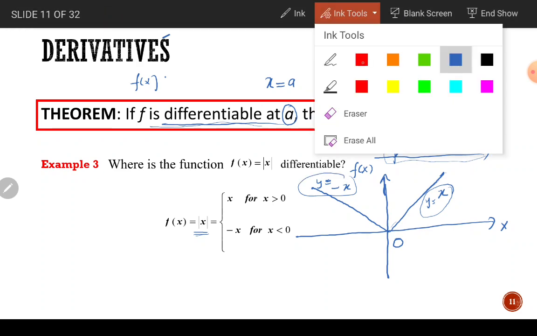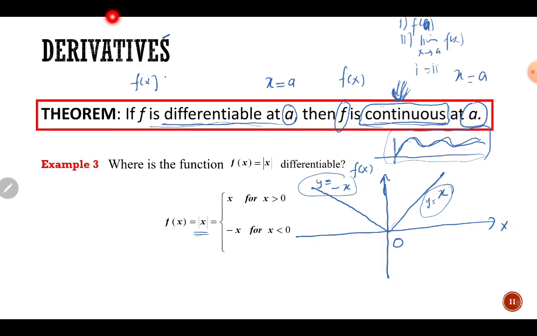So from here, we can actually find its slope. The slope of y equals x: we know the formula y equals mx plus c. Looking at it like this, we know the slope of this graph equals 1. And y equals negative x has a slope equal to negative 1.